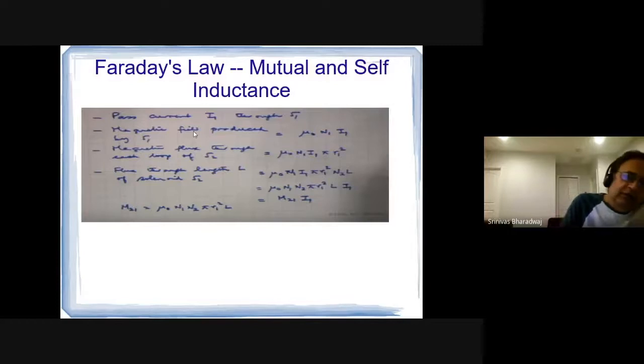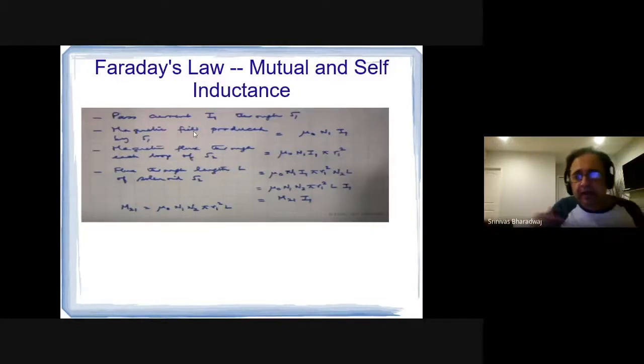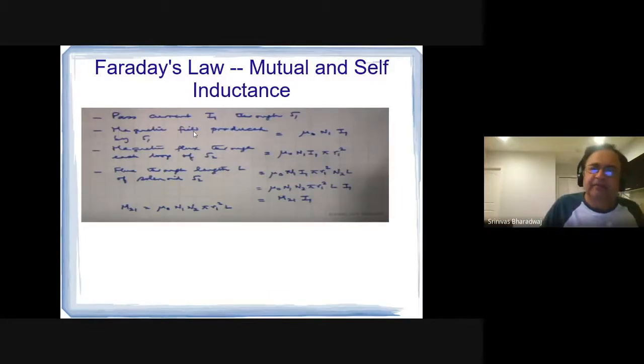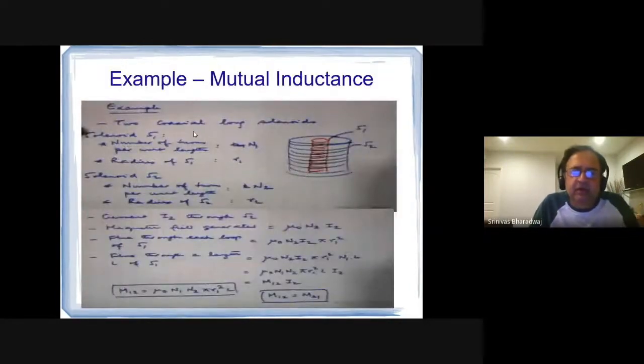Now you reevaluate that, and you end up with mu naught N2. If you keep the current the same, I2 equals I1, the current drops out in the end. Mu naught N2 times pi R1 square, since R1 and R2 are the same, multiplied by N1 times L. So you end up with the same constant, therefore you have M12 equals M21.